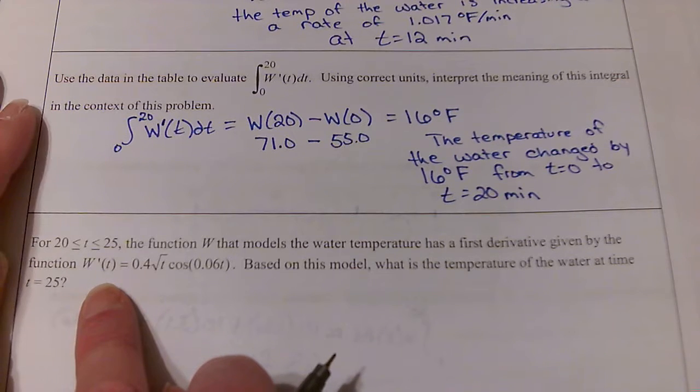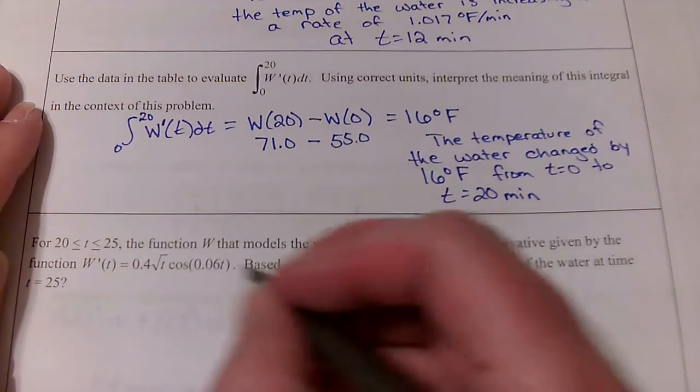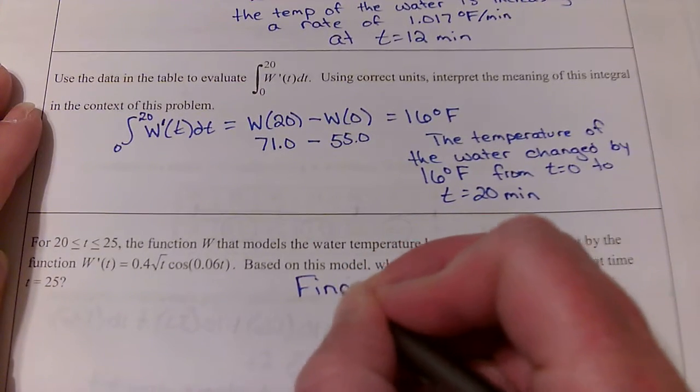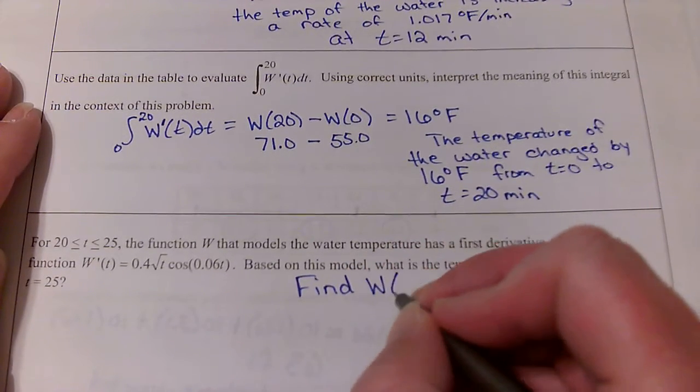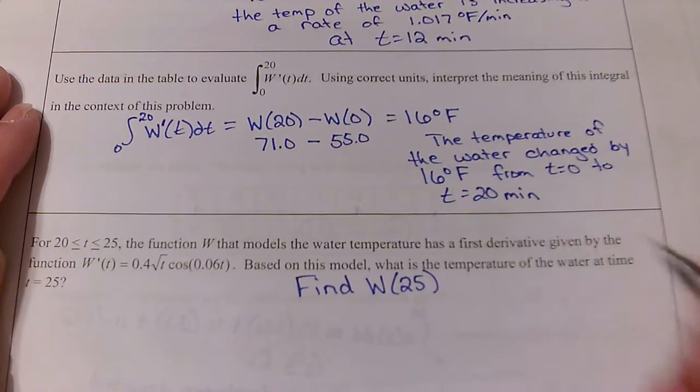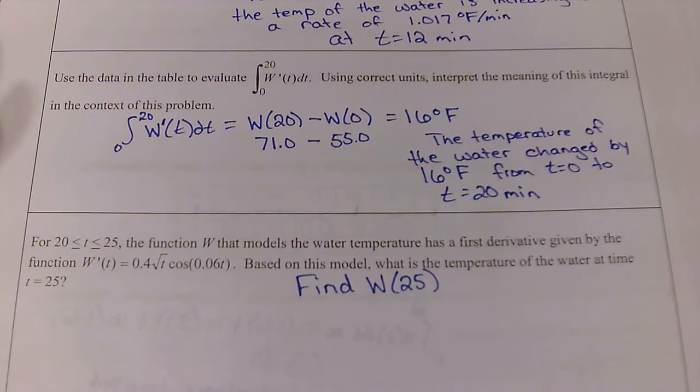How can we use these ideas to find the temperature at 25 minutes? It's not in the table.